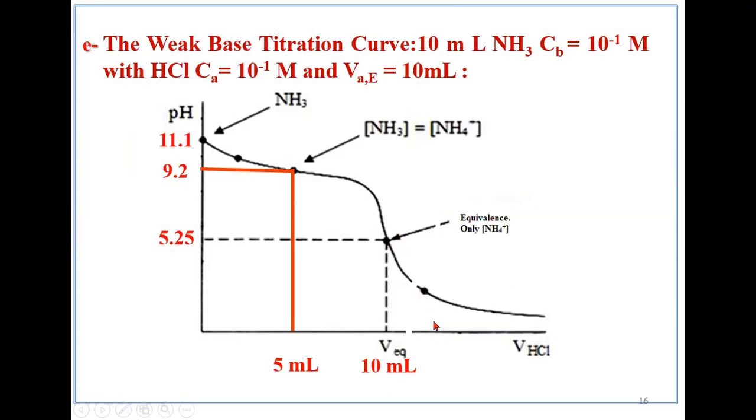And one value after equivalence is more than enough. You don't need too many values. Again, notice I only need the half equivalence, but I can put another number to get a nicer curve, to know how this really curves, but you don't have to. You can just have half equivalence, at equivalence, and add the points to draw the curve.